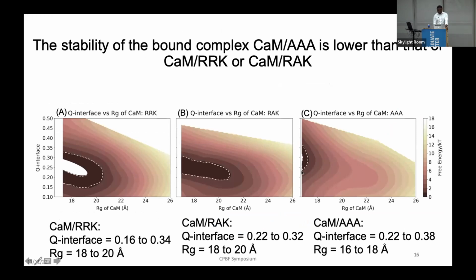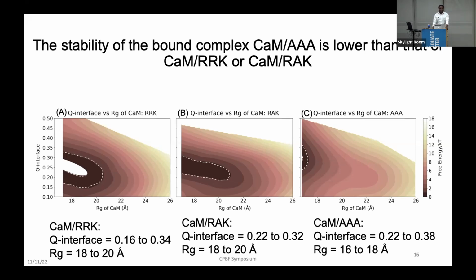As expected, the stability of the complex between calmodulin and the peptide with triple mutation is highly reduced compared to the complex between calmodulin and the wild type, or even the complex with the IAK system, which is a one amino acid mutation. This is exactly the area where we have the encounter between calmodulin and the peptide, where both undergo multiple conformations and the stable complex is formed.